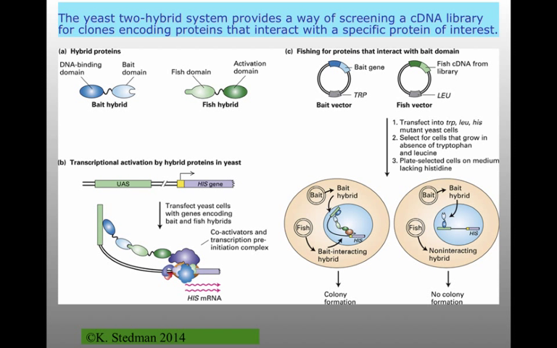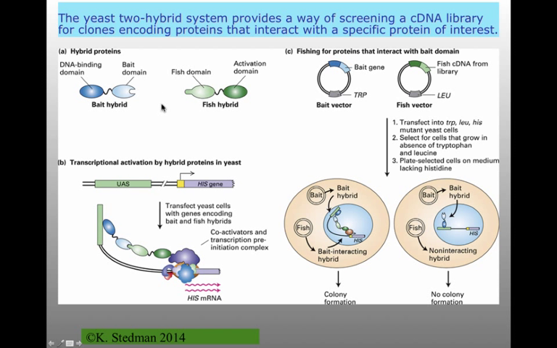And usually the way this is done is you have one particular protein that you are interested in what it interacts with. So you've got some genetic data that says this protein is critically important for, let's say, mating type switching or the cell cycle or something like that. And you want to know who or whom it's interacting with.